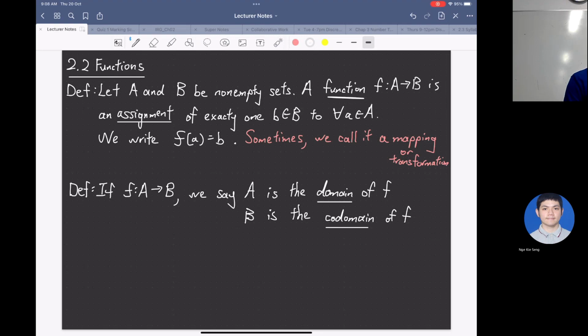So f takes every value in the domain and gives you an element in the codomain.